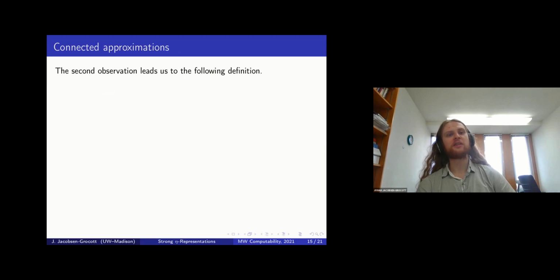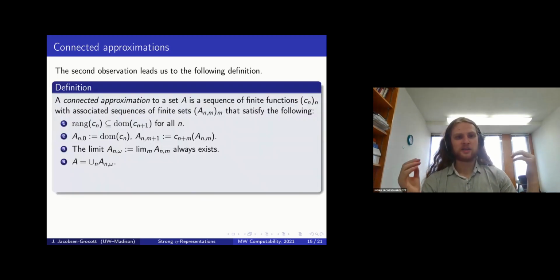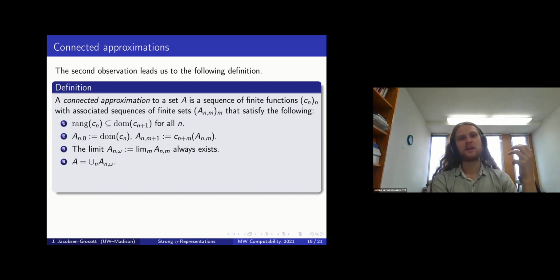So this motivated the following definition. Look at this notion of connected approximations. So, definition here. A connected approximation to a set A is a sequence of finite functions Cn, again with associated sequences of finite sets An and m, that satisfy the following conditions.